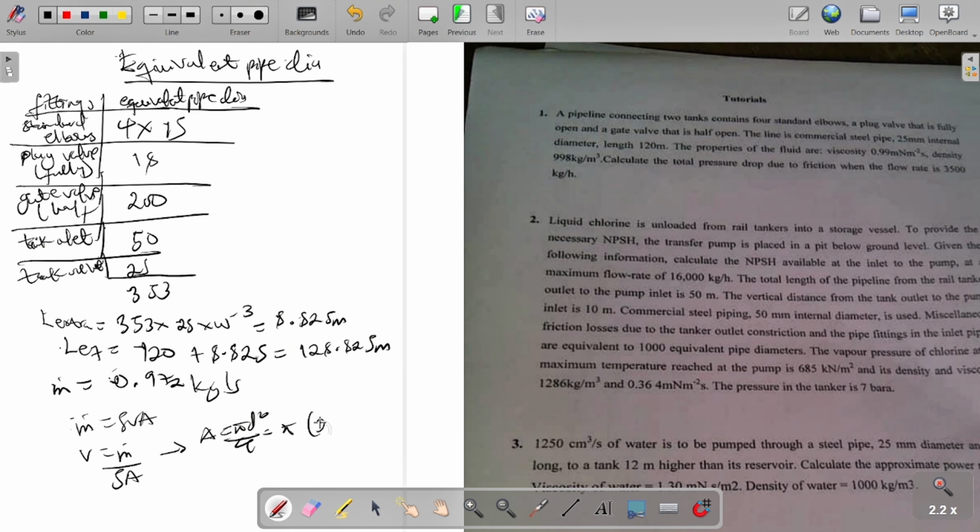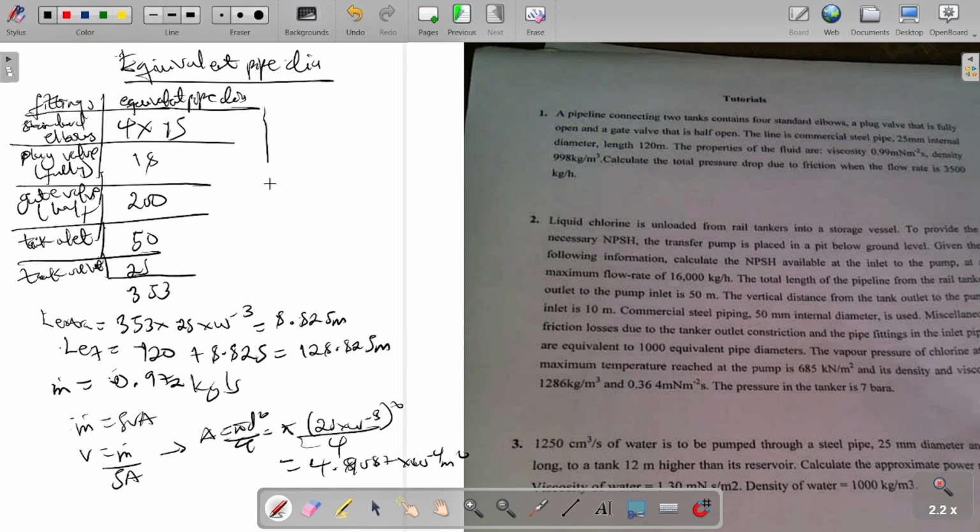The d over here is 25 times 10 to the power minus 3, squared, divided by 4. That gives me, and please make sure your area is always in 4 decimal places, 4.9087 times 10 to the power minus 4 meter squared. So this is the area.